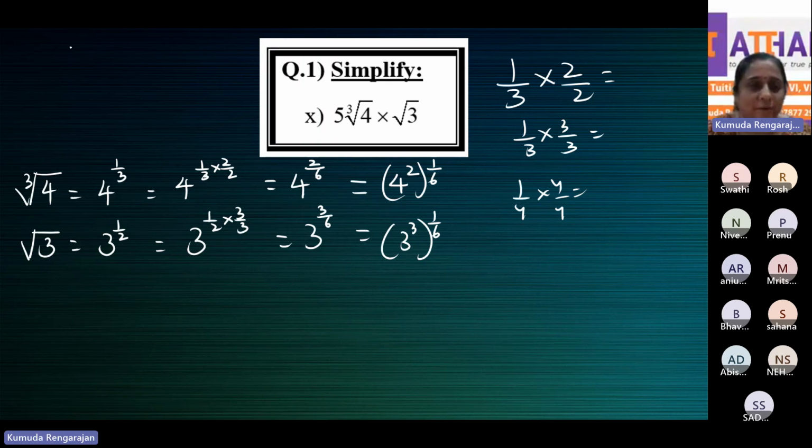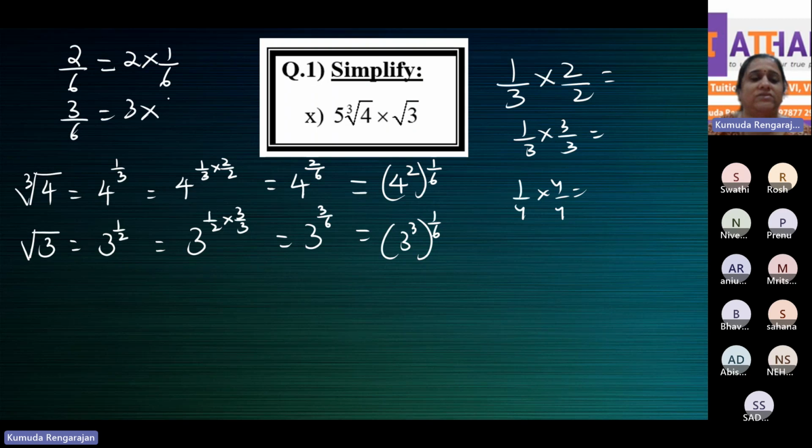I'll tell you why. Because 2 by 6 is nothing but 2 into 1 by 6, and 3 by 6 is nothing but 3 into 1 by 6. Just see if you all agree with this. 2 by 6 is 2 into 1 by 6, correct?